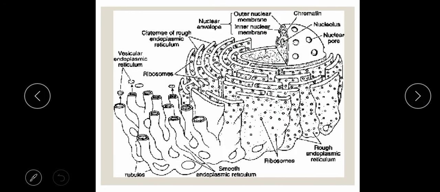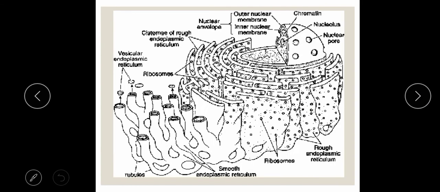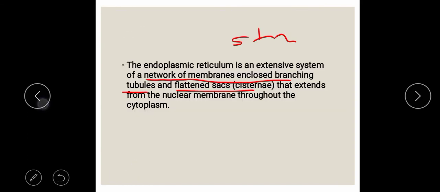We can see in this diagram an extensive network of membrane-enclosed branching tubules and flattened cisternae. Here are the tubules and here are the cisternae that extend from the nuclear membrane. We talked previously about that nuclear membrane extending throughout the cytoplasm.